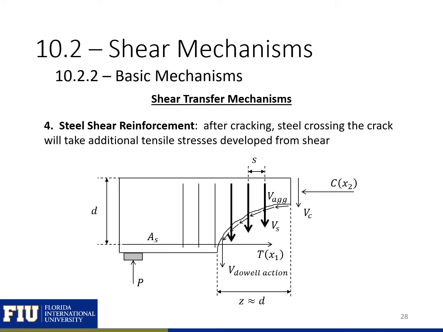The final main transfer mechanism is any transverse steel reinforcement that's crossing our crack. So after cracking, our steel crossing the crack is going to take additional tensile stresses developed from shear. So any reinforcement that's crossing our crack, VS, is going to resist shear directly.